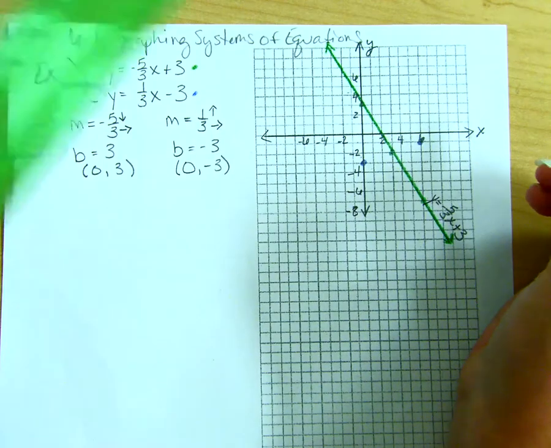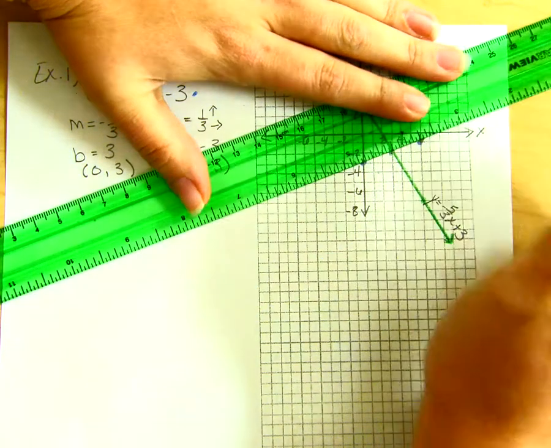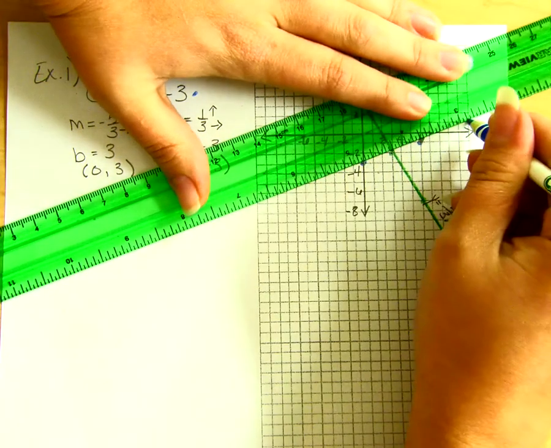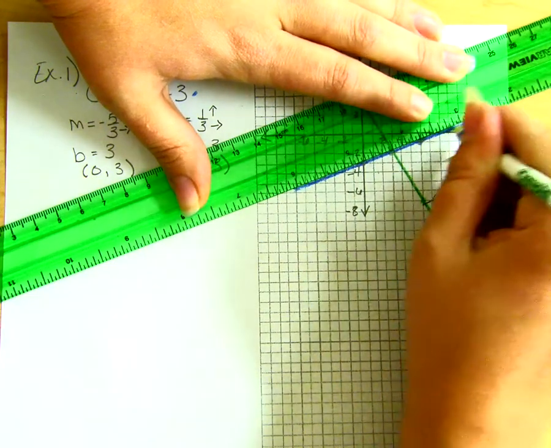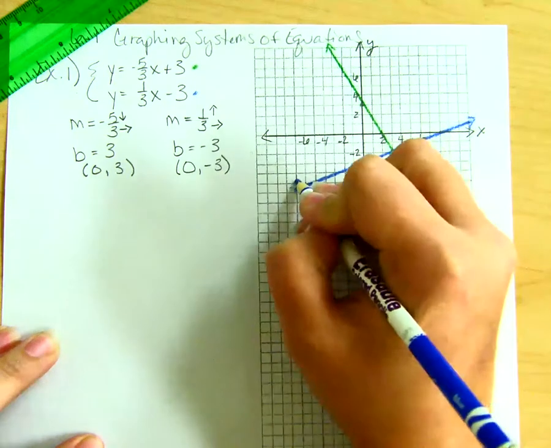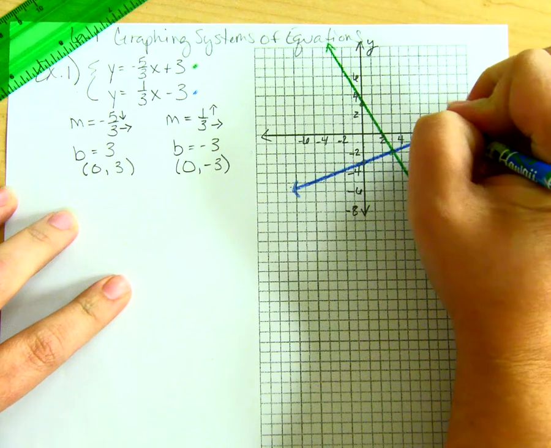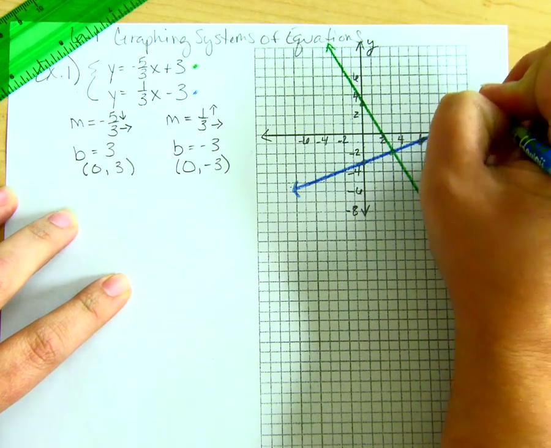When I have 3 points, I can draw my line. And again, I make sure it extends to the end of my graph. And then I write the equation on that line, y equals 1/3 x minus 3.